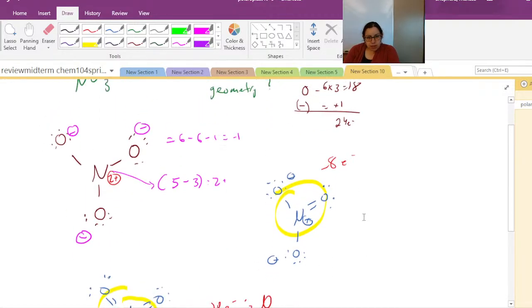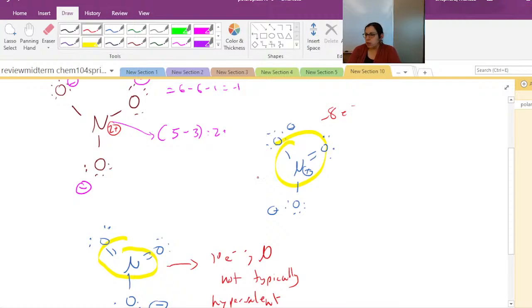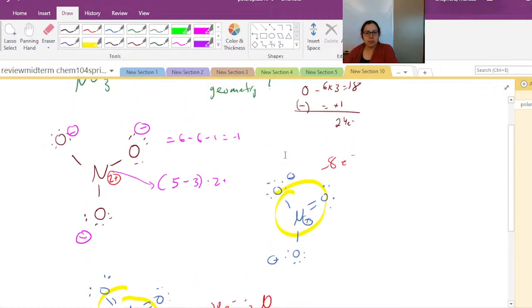And the other thing to note, we can draw all these different permutations, move the double bond around. And in all these cases, you're averaging out the structure. We could go back to this one and determine polarity. So kind of the average.